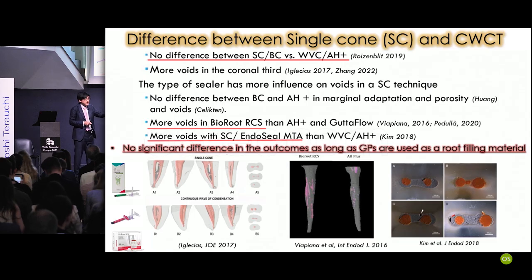Because gutta-percha does not bond to dentin, and gutta-percha does not bond to sealer, nothing. So it will invite more bacteria into the root canal as long as you use it.